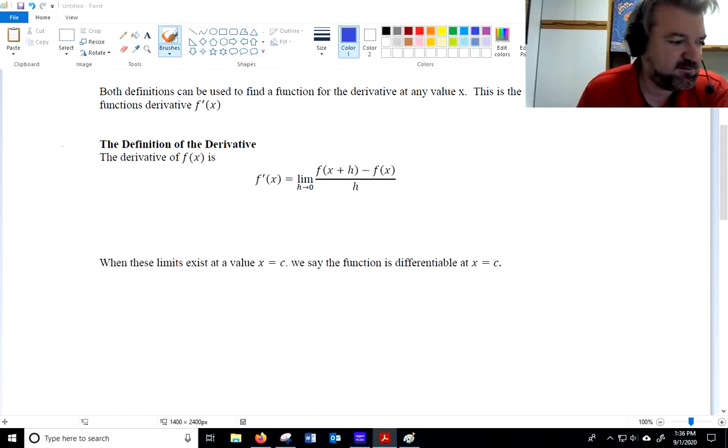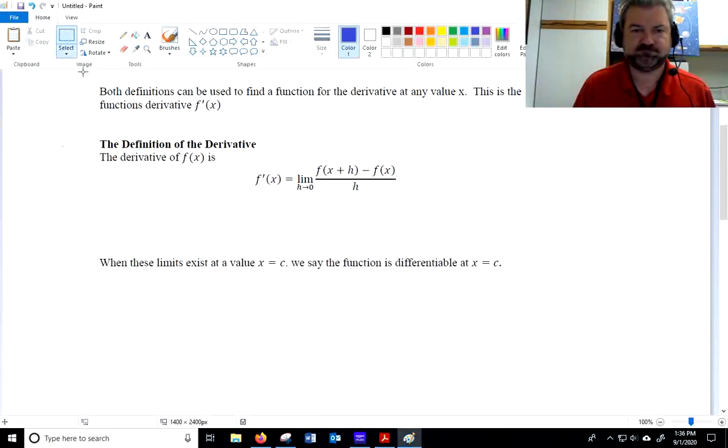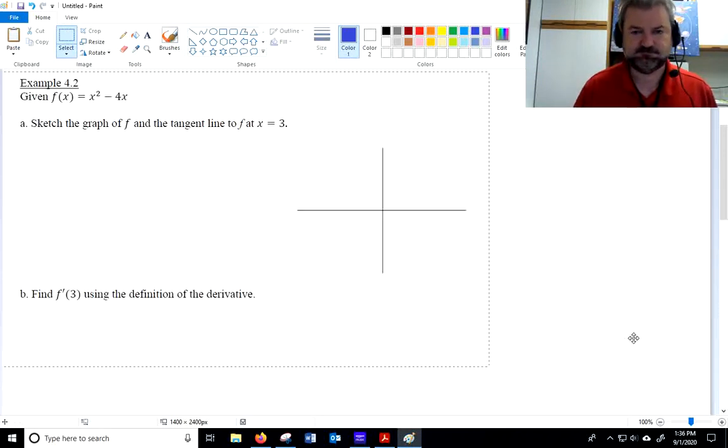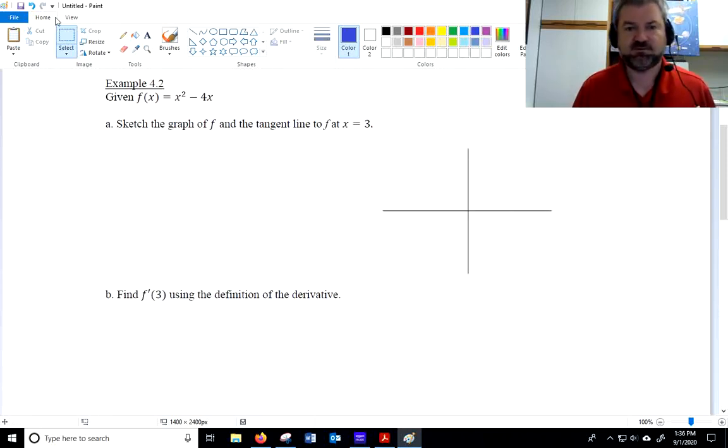Okay, let's do an example. Example: f of x equals x squared minus 4x. We're going to sketch the graph of f and the tangent line to f at 3.